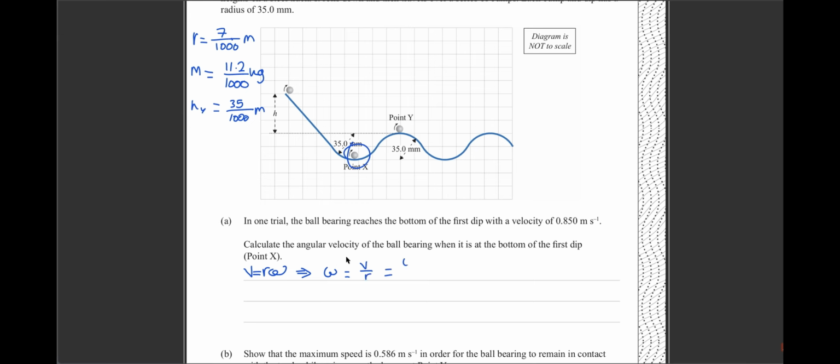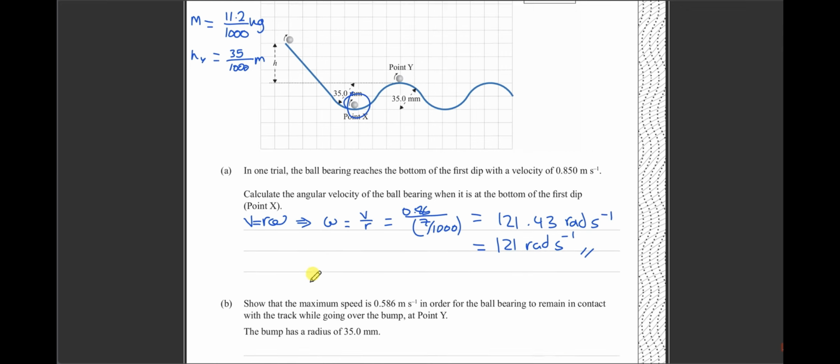The velocity is 0.85, so 0.85 over the radius, 7 over 1,000, I'm just going to put that in my calculator. 121.43 radians per second, which is 121 rad/s to three significant figures. Let's move on to the next one.